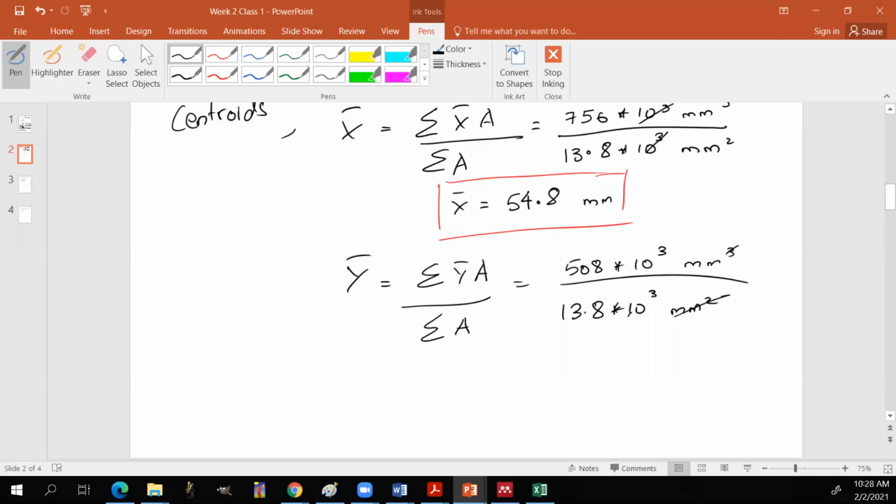The 10 cubed cancels and the 3 cancels. So y bar is equal to what? 36.8.